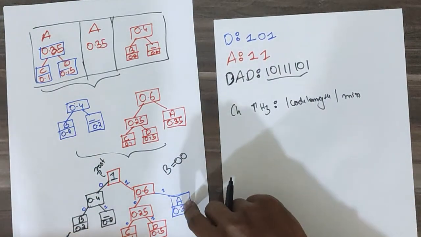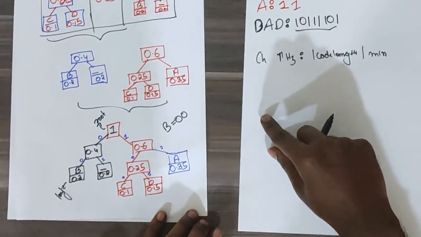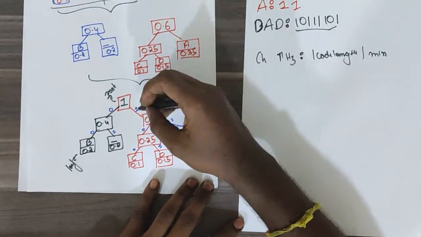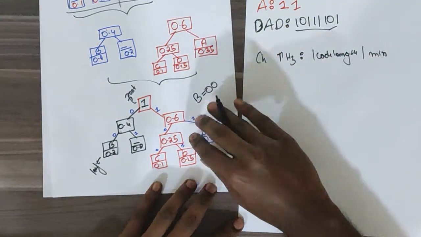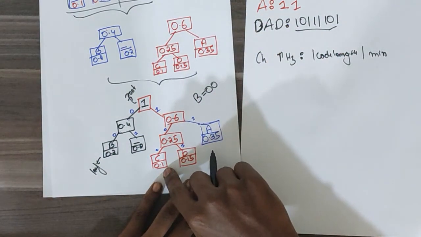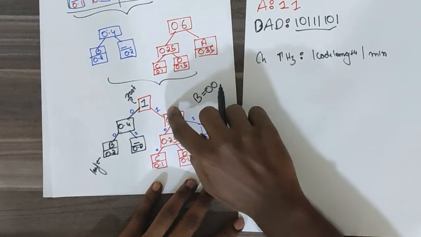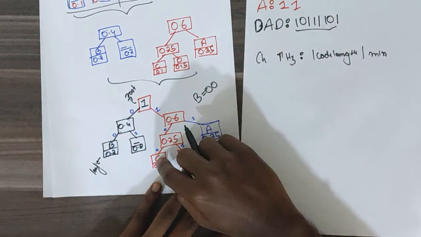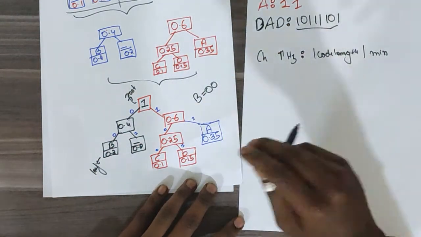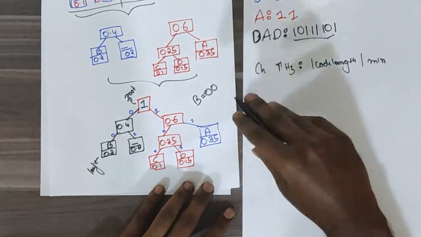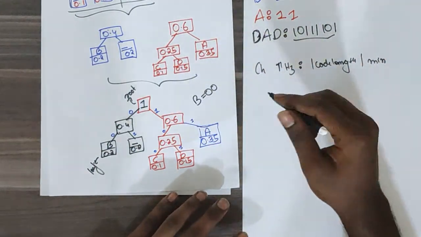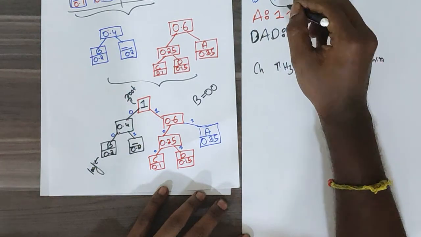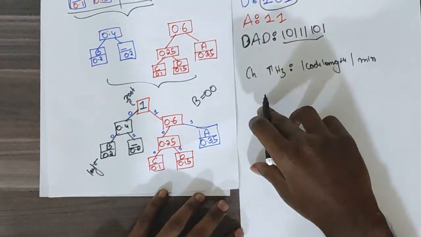For example, A has a large frequency of 0.35, and therefore it has a code length of 2, which is small. And for example, C has only frequency 0.1, which is very low, and therefore has a longer code word length, that is, it has 3 characters. So this is another nice thing: higher frequency, lesser code length. Code length is nothing but the compression string that we get after the encoding.